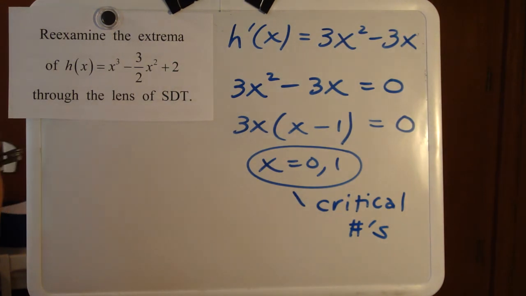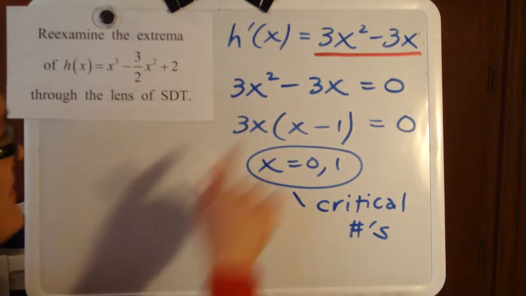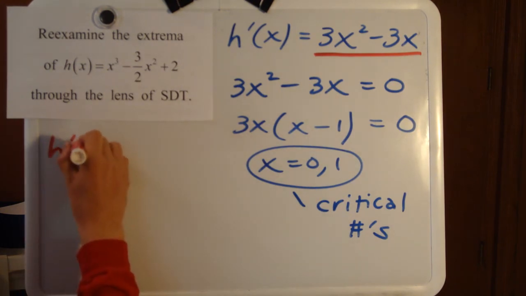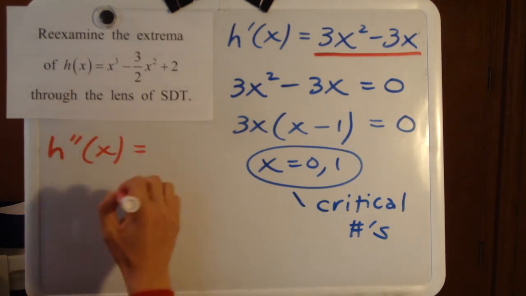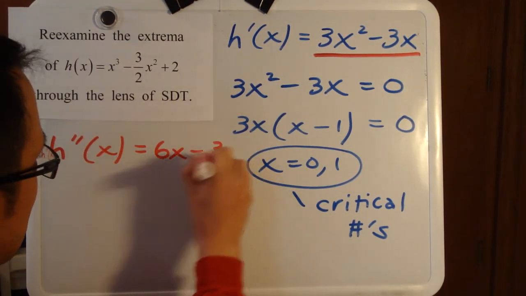Okay, so what we do here now is to also find h double prime. So I would continue exactly where you left off, right? To use this form of h prime, and then you can find the second derivative. So h double prime, if our eyes are looking here, will be 6x minus 3.